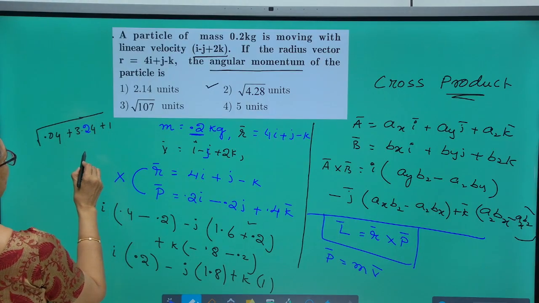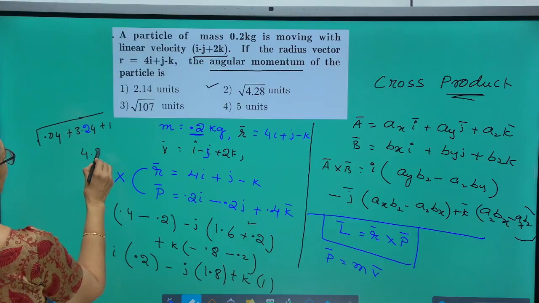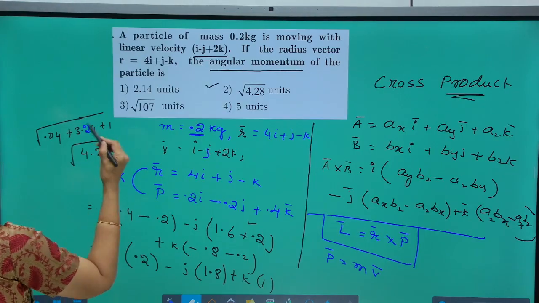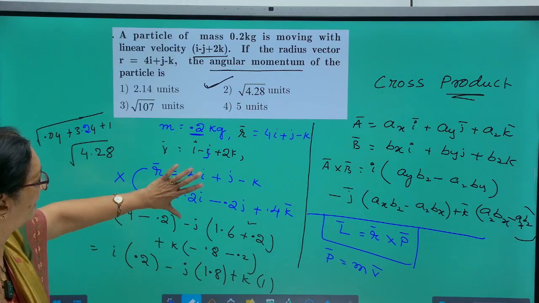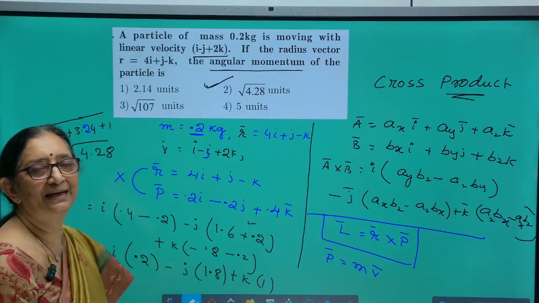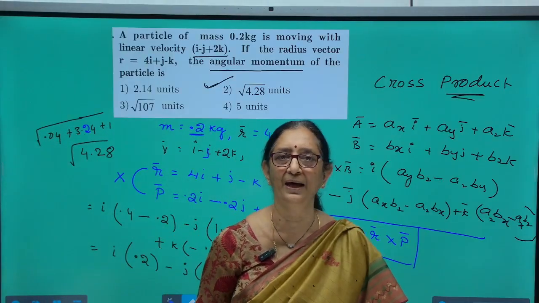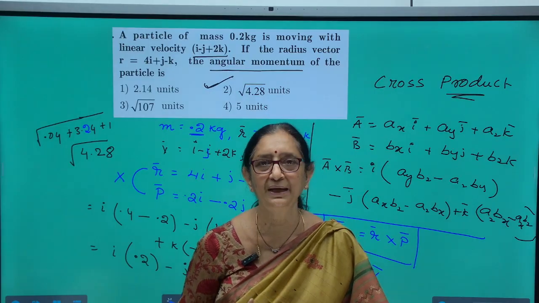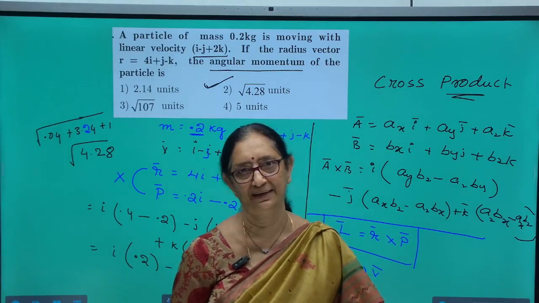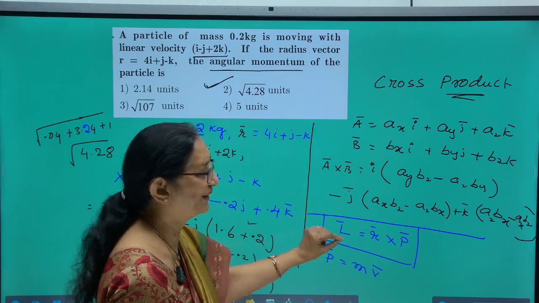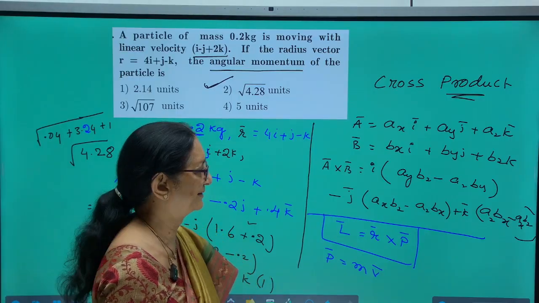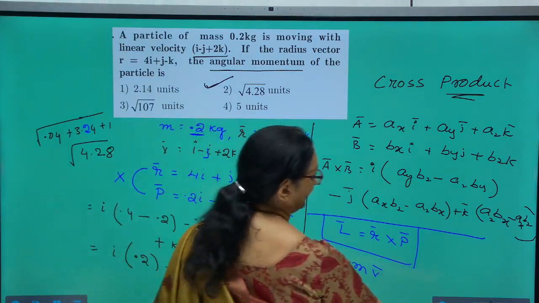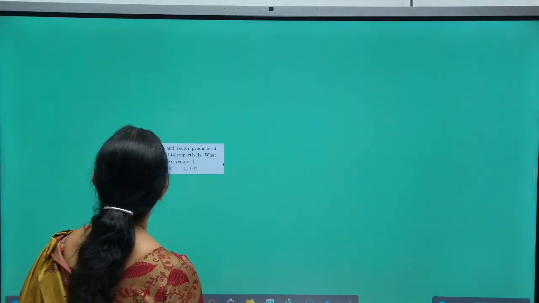So, this is 4.28 under square root. So, this is the right option, right. So, here angular momentum is equal to r bar cross p bar, where p bar is equal to mv bar, that is it. And you have to be careful in finding out the cross product of the two vectors, okay. Now, let us see the next problem.